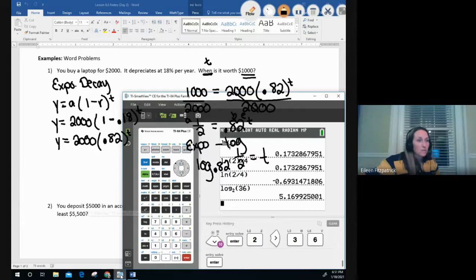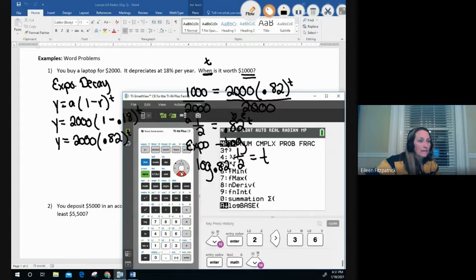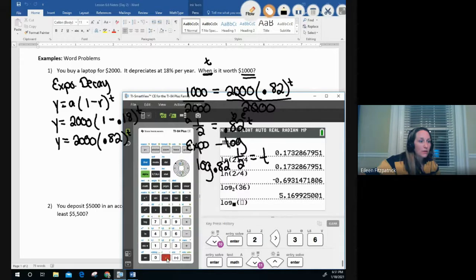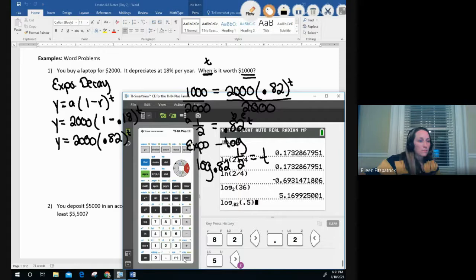All right, so it's going to be math, go to log base. My base is 0.82 and 1/2 or 0.5. Oh, that's not a 5. That's a 2. Push enter and you get approximately 3.49.